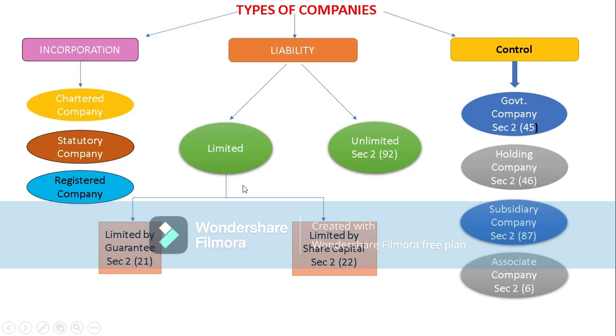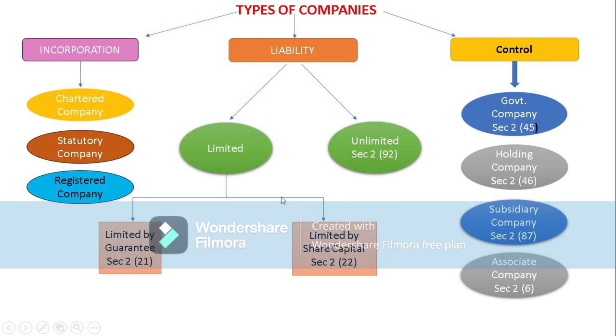His liability is limited to 10,000 only. Beyond that 10,000, the shareholder will not pay the company, even though the company asks him. Therefore the liability is limited, which is known as limited by share capital.